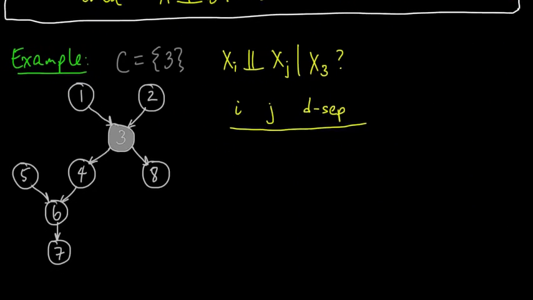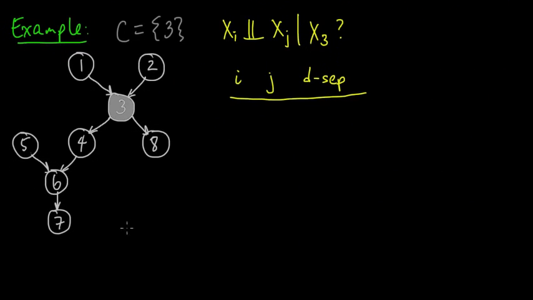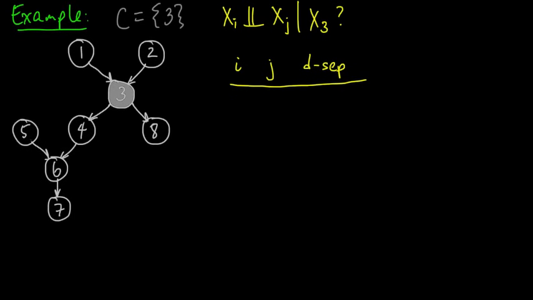So let's make a first condition down here. The first possibility for something to be blocked, so let's make a little table of rules. We have something like this. This is a head-to-tail relationship, or we have a tail-to-tail relationship, something like this along our path.